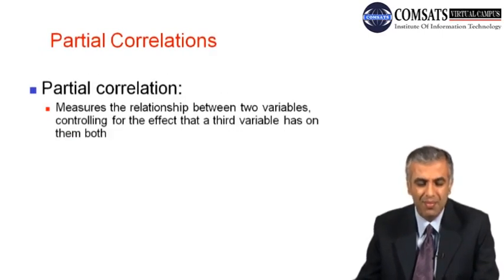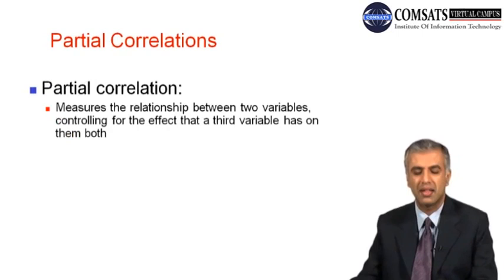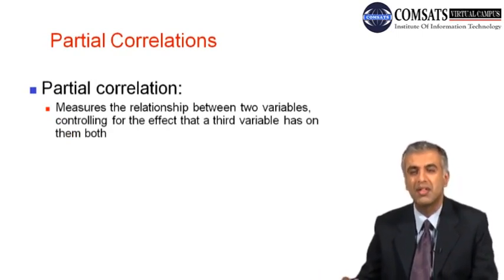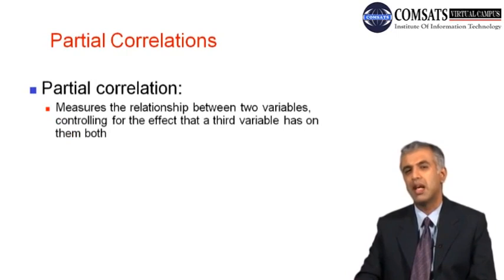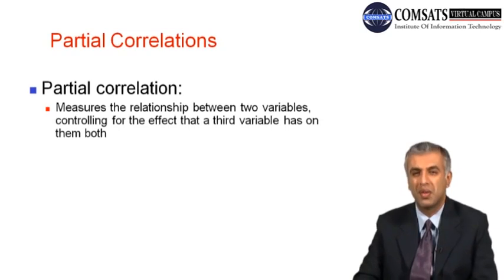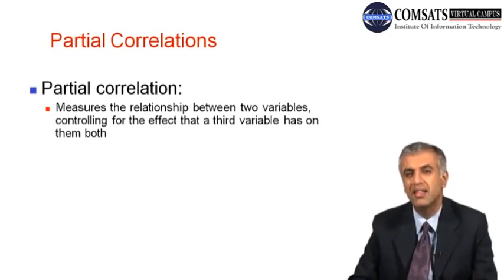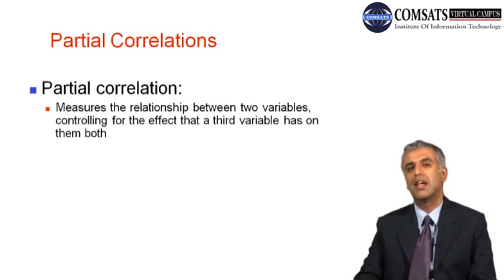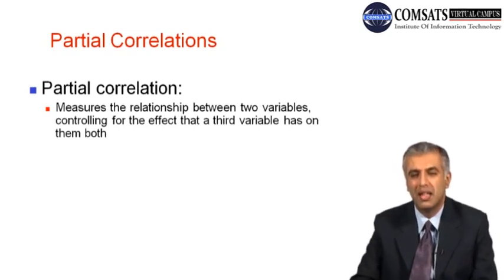You must have noticed that in the previous analysis, we went to the Analyze button, and when we clicked on Correlate, we were asked to click on either bivariate correlation or partial correlation. Bivariate is purely used to find the relationship between two variables, and there's another option available, called partial correlation.